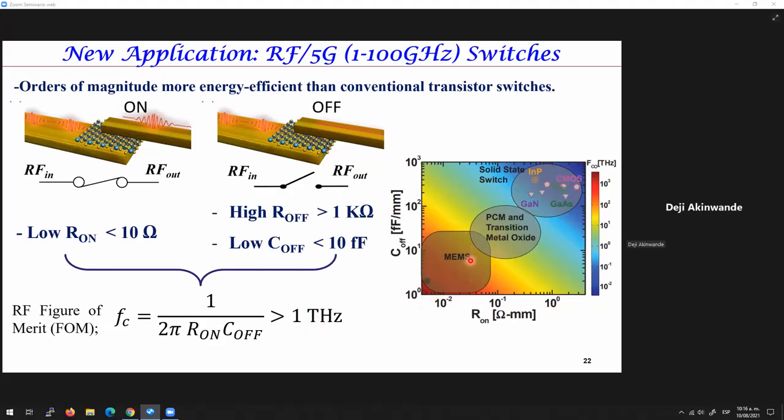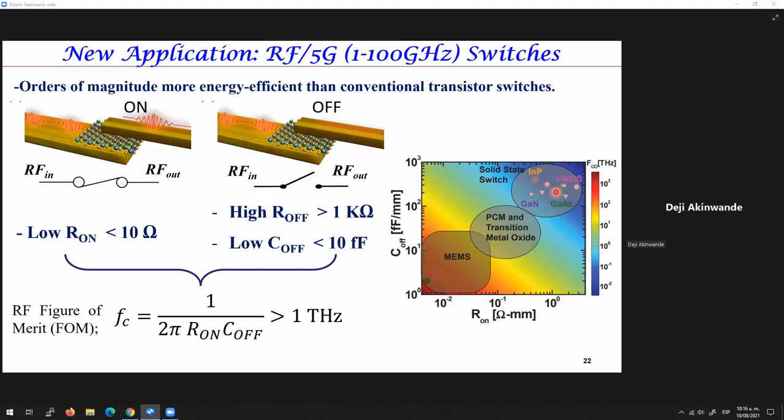So you see the MEMS devices here have very low off capacitance and low on resistance. And then you see the phase change and transition metal oxides, a little bit higher for both properties.